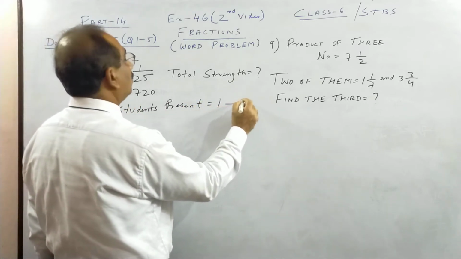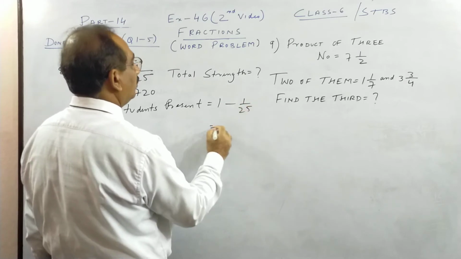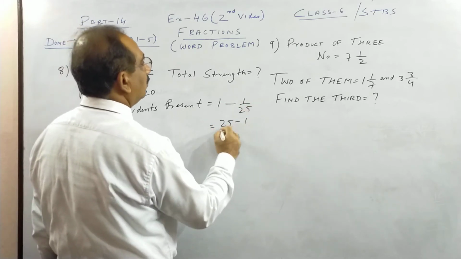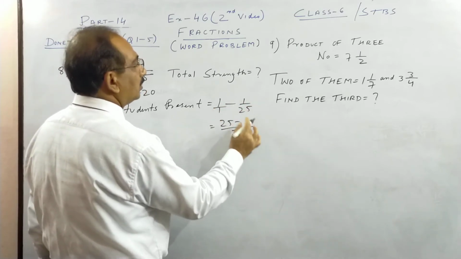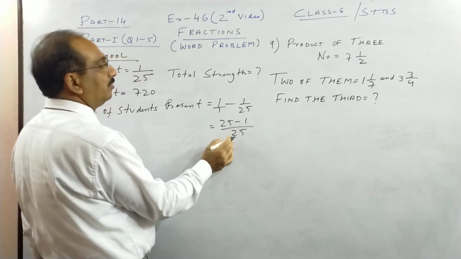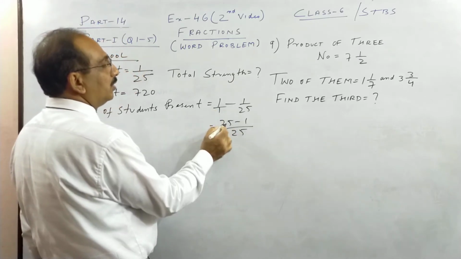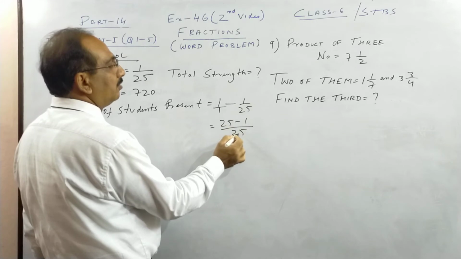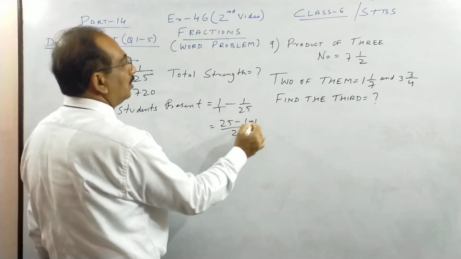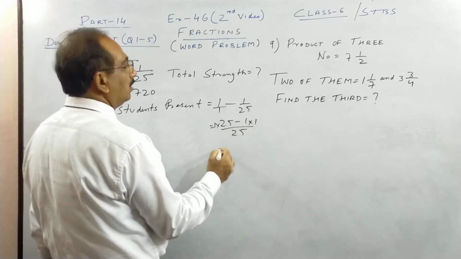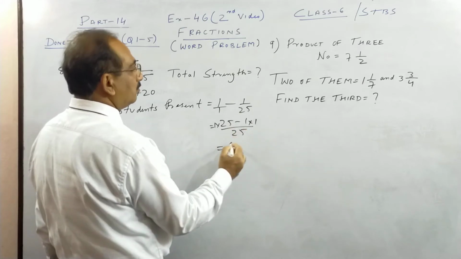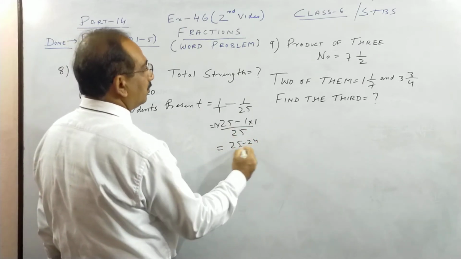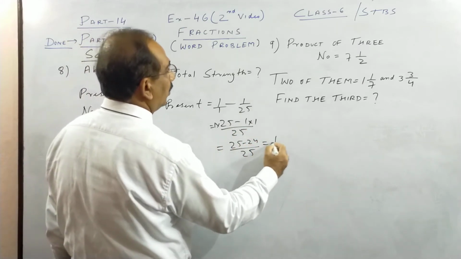So 1 is the total, 1 minus 1 by 25. If you take the LCM, it is 25, 1 will go 25 times. So 25 into 1 is 25, 25 minus 1 is 24 by 25.